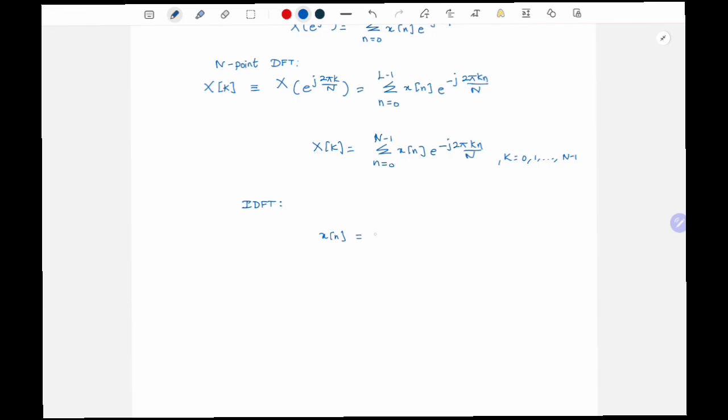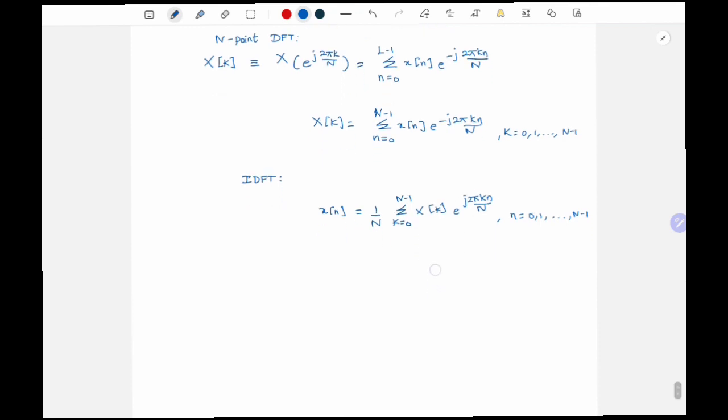We are finding x[n], which is nothing but 1/N summation k equal to 0 to N minus 1, X[k] e^(j2πkn/N), and my n is varying from 0 to N minus 1. And when L is less than N, from L to N minus 1, your x[n] will be 0 when you solve for this.